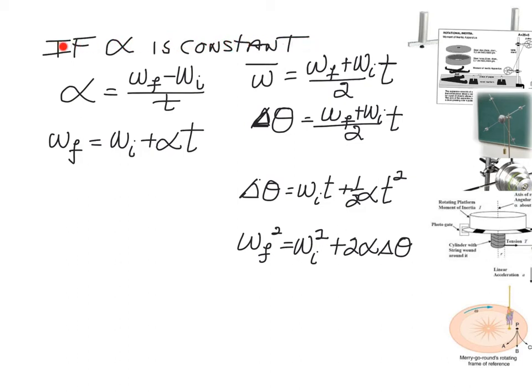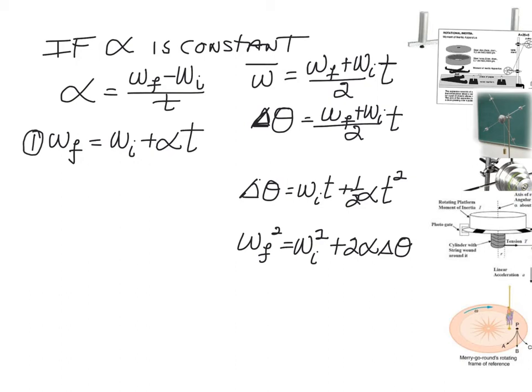That means the velocity is changing, but it's changing at a steady rate. And so if alpha is constant, then alpha instantaneous and average are the same. So here's alpha average. And we simply rewrite it and get this equation, which is the first of our kinematics equations, and it exactly parallels the first of our kinematics equations back in week 2.